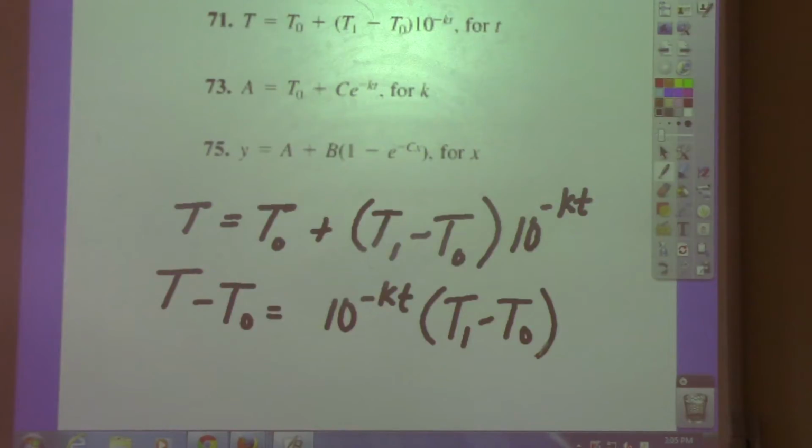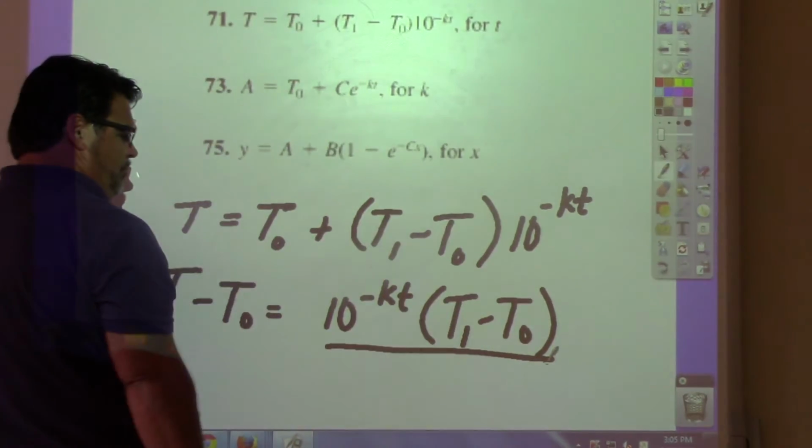Now what else can we do? All we care about is that little t, that lowercase t. We care less about the uppercase or the capital T's. So what can we do to get rid of a bunch of junk? What could we do? Say again? Divide by what?